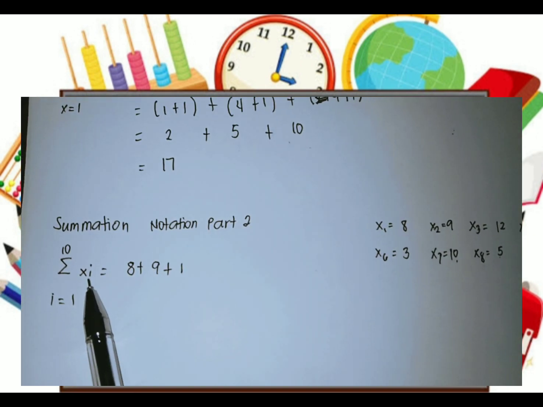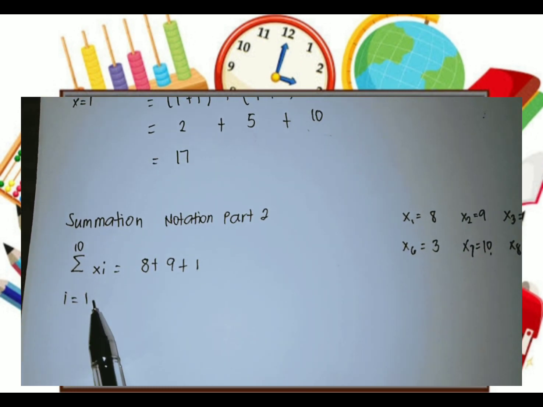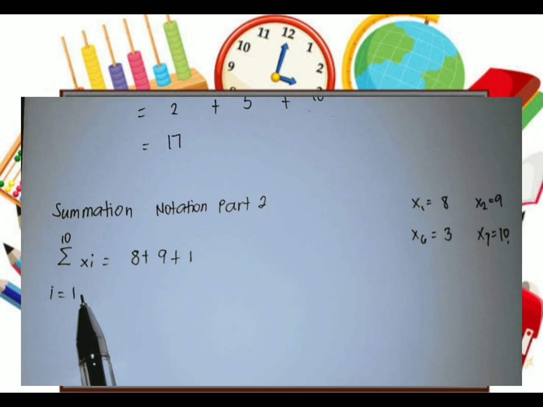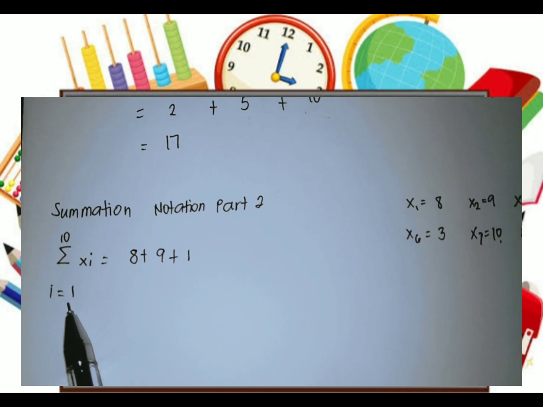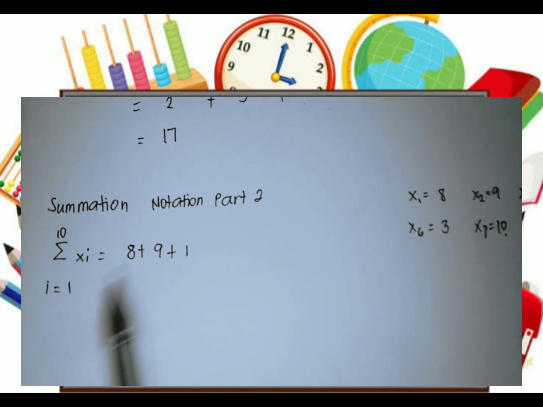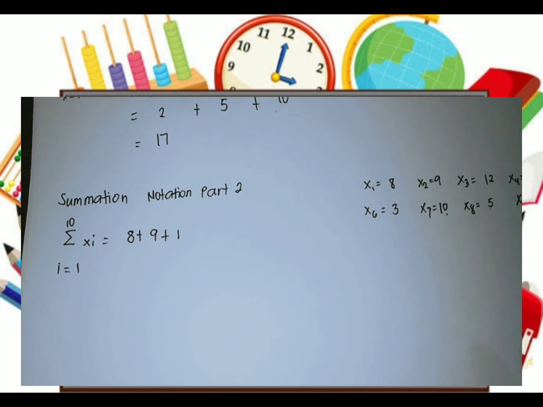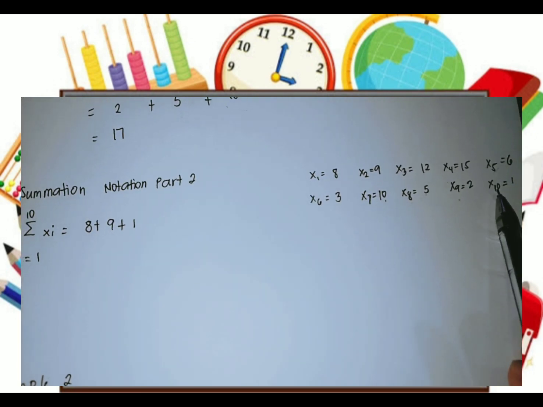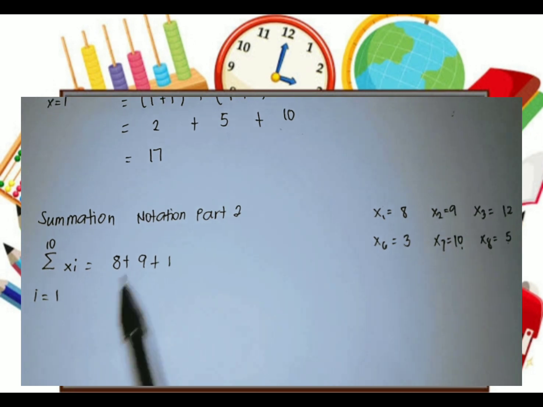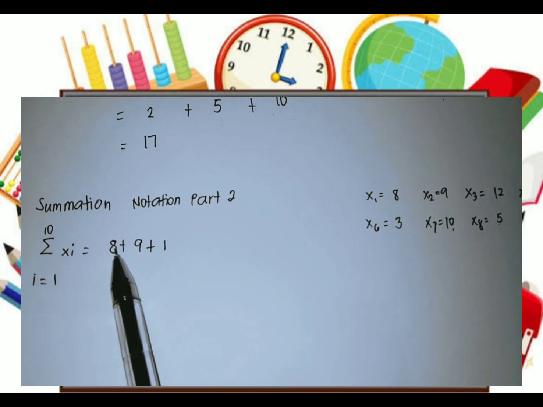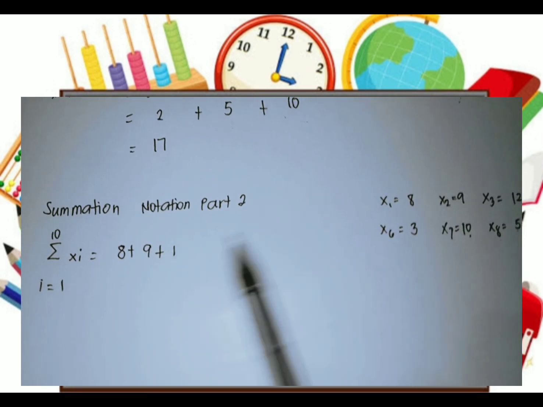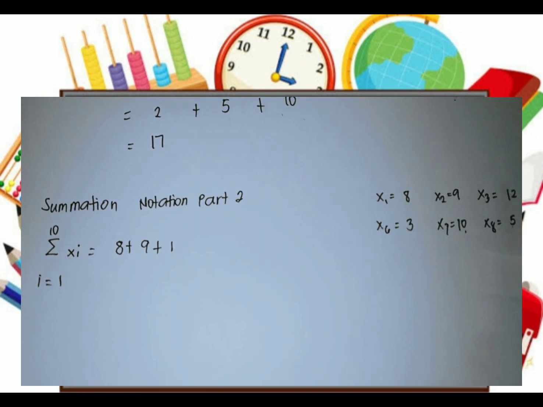So in our example number 1 in part 2, our lower limit is 1. So we will start in x sub 1 until we climb up to our upper limit, which is x sub 10.